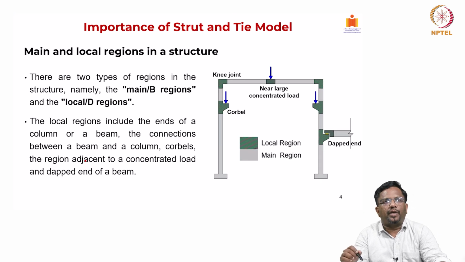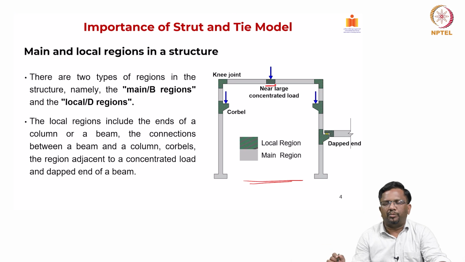Now, why do we need the Strut-and-tie model? Typically, section analysis is what engineers use to calculate capacities. In a structure like this portal frame, you have several point load regions highlighted. For example, there is a point load at the midspan of the beam, and then there is a corbel.